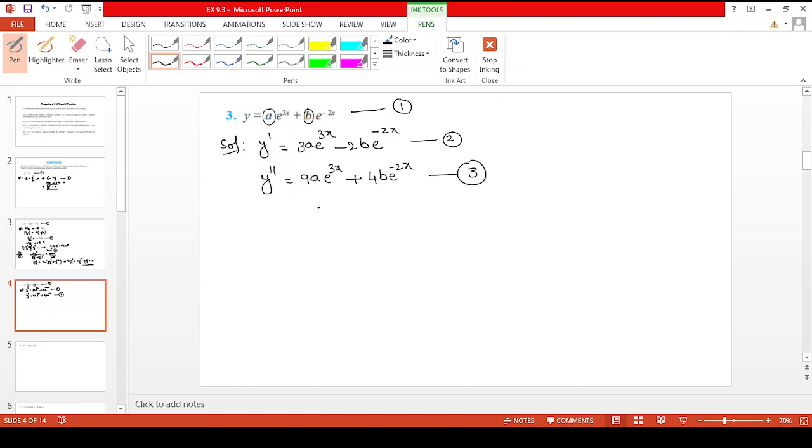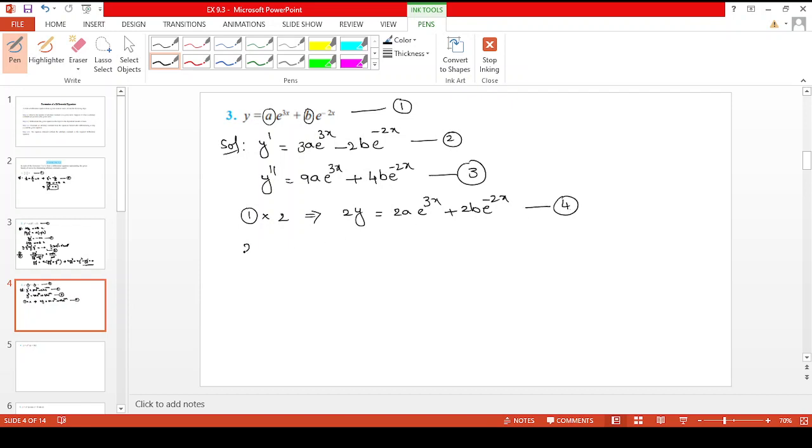Now what am I doing in this case? The first equation I am going to multiply by 2, which will give you 2y equal to 2a into e power 3x plus 2b into e power minus 2x. Now this is the fourth equation.